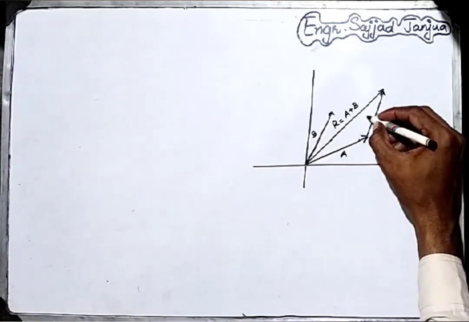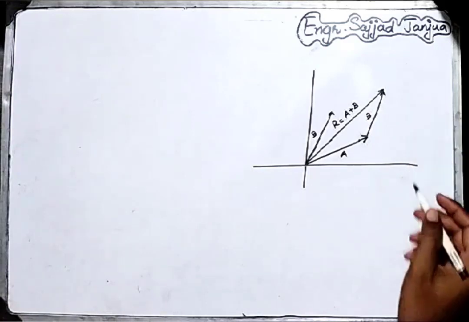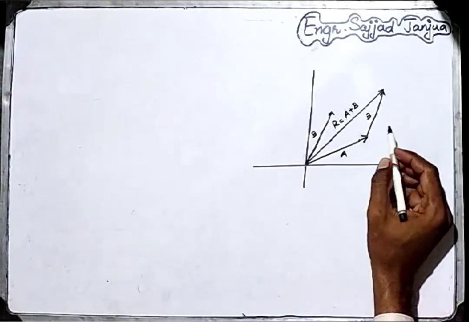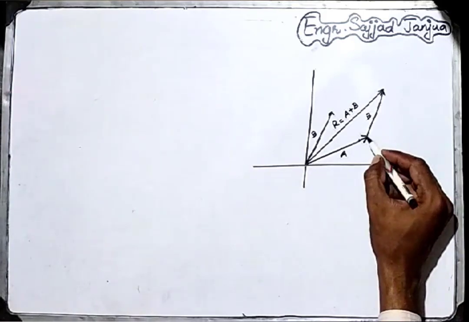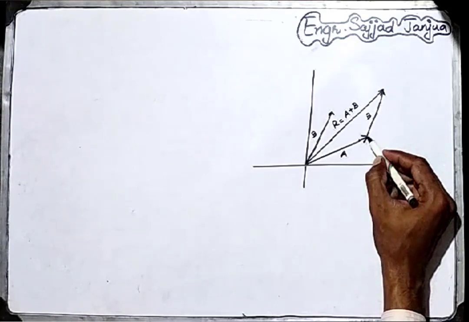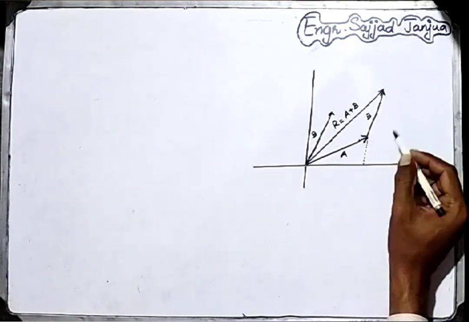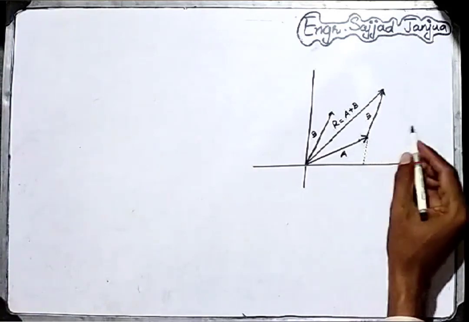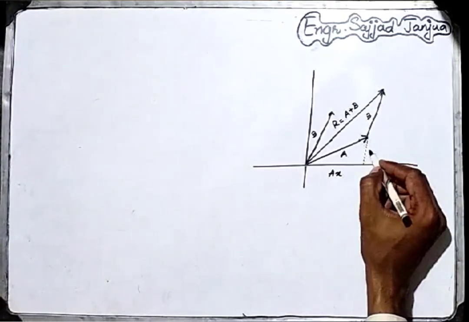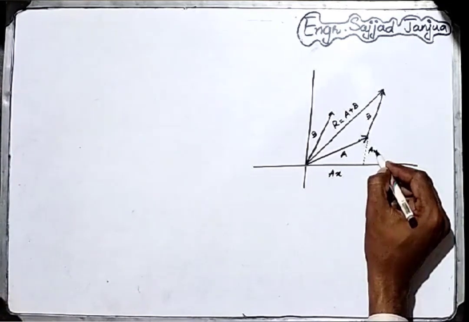This is vector B, and now we will draw their horizontal and vertical components. So we will draw the projections at their meeting points. So this is the meeting point and we will draw a vertical component, and this is the horizontal component of A and this is vertical component Ay.